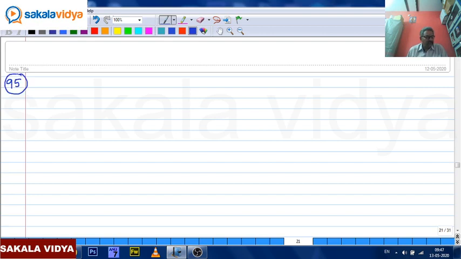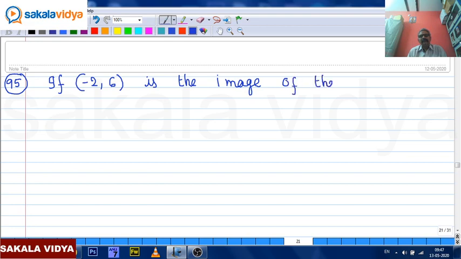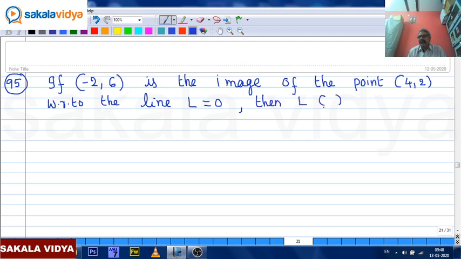Ninety-five. If minus 2 comma 6 is the image of the point 4 comma 2 with respect to the line L equals to 0, then L, that means expression L, left hand side.